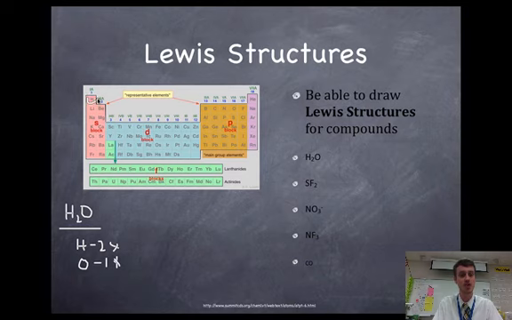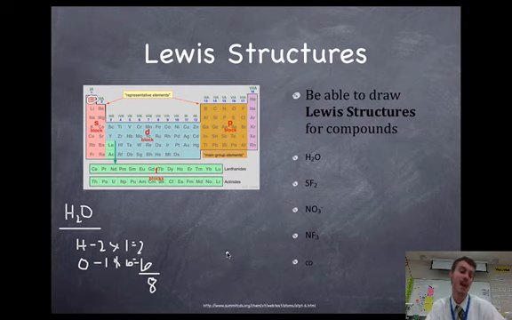Hydrogen has just 1 valence electron, whereas oxygen has 6 because it's in group 6A. I multiply those out and add what I have together. So I have 8 total valence electrons to work with for water.